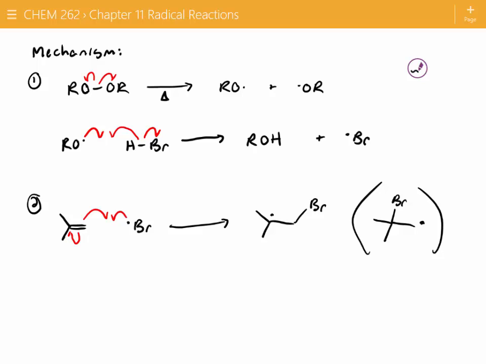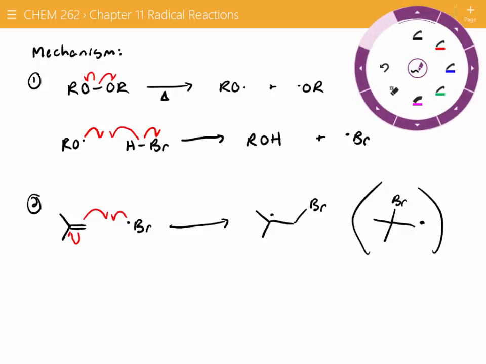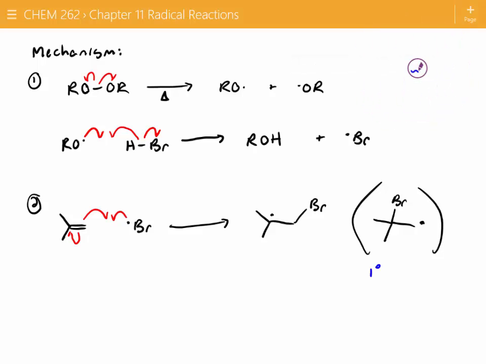So if we look at our radical stability here, the one on the left is a tertiary radical, the one on the right is a primary radical. So in this case, the one on the left is much more stable. So in this case, the primary radical is not observed.